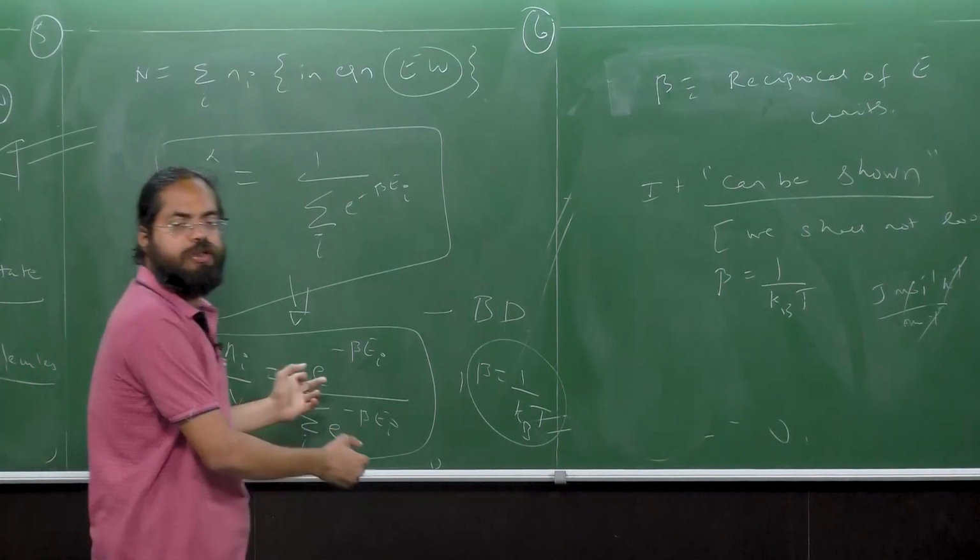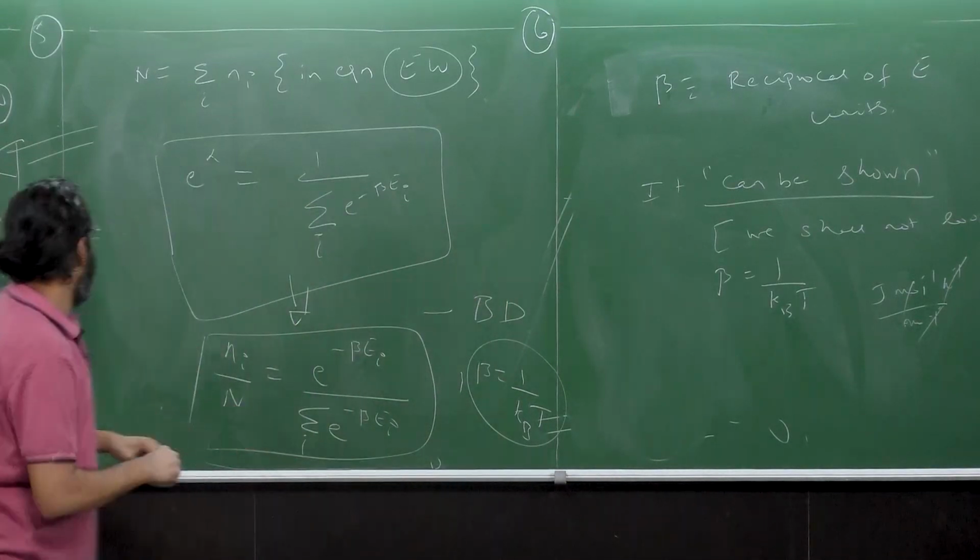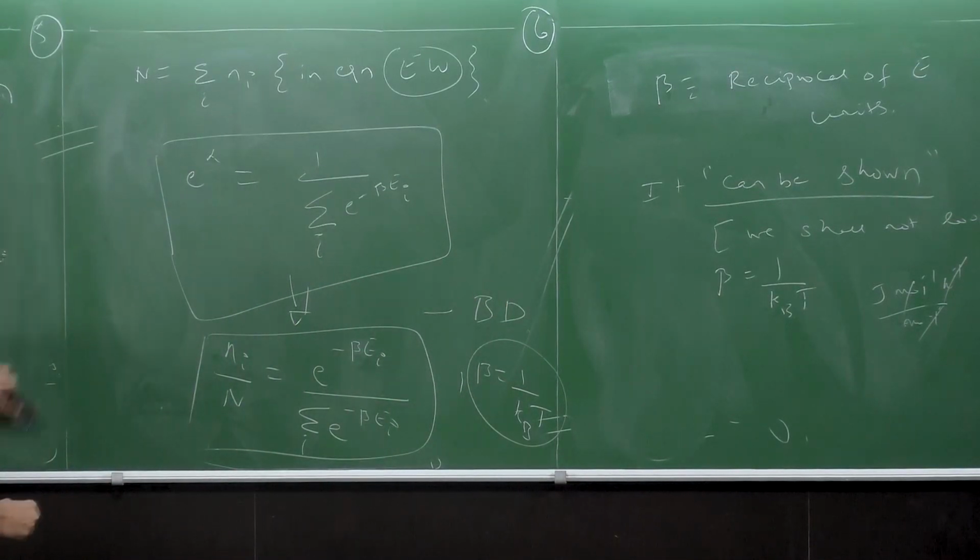A modified expression for BD, that is Boltzmann distribution, can also be written in terms of the degeneracies.